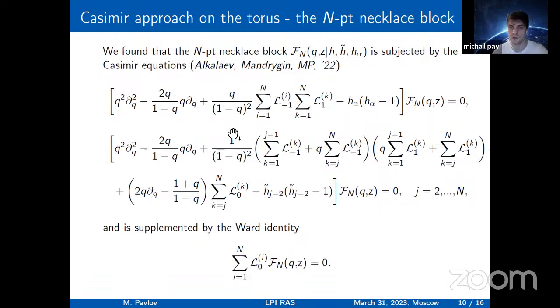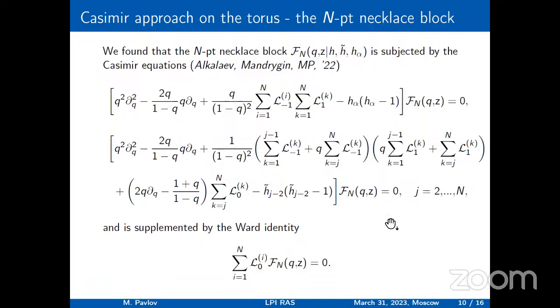Since you insert n minus 1 projectors for n operators, because you have to insert them between the operators, you have additional brackets where you can put the Casimir operator. This is the origin of these n minus 1 equations.